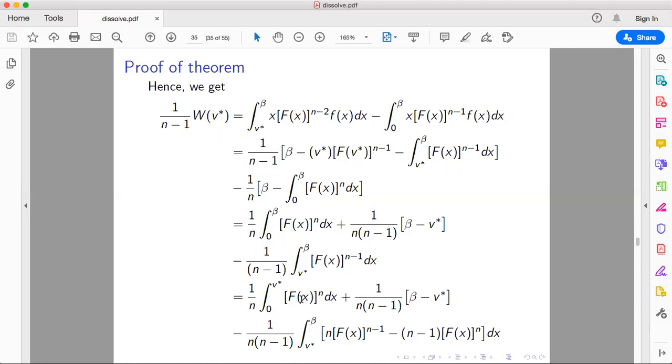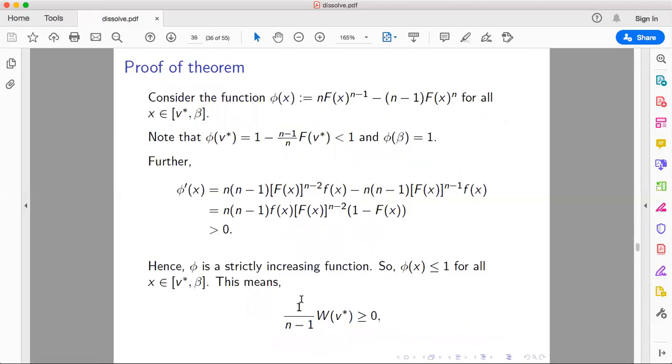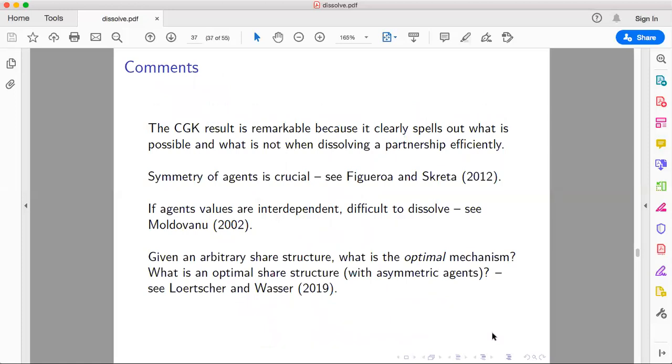Just simple brute force calculation will give you one way or the other. For the extreme partnerships, we showed that they can never be dissolved efficiently. For the equal one, we showed that the inequality is always satisfied.